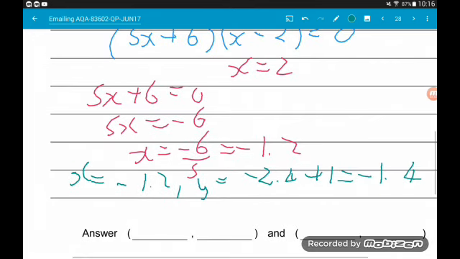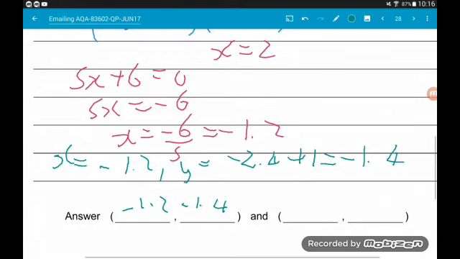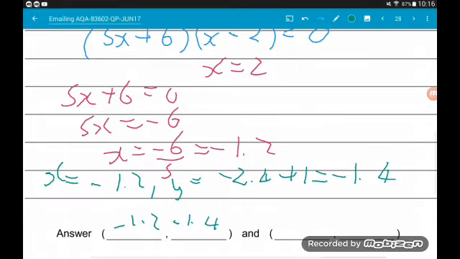So one of our sets of solutions is x is minus 1.2, y is minus 1.4. And our other one then is when x is equal to 2.